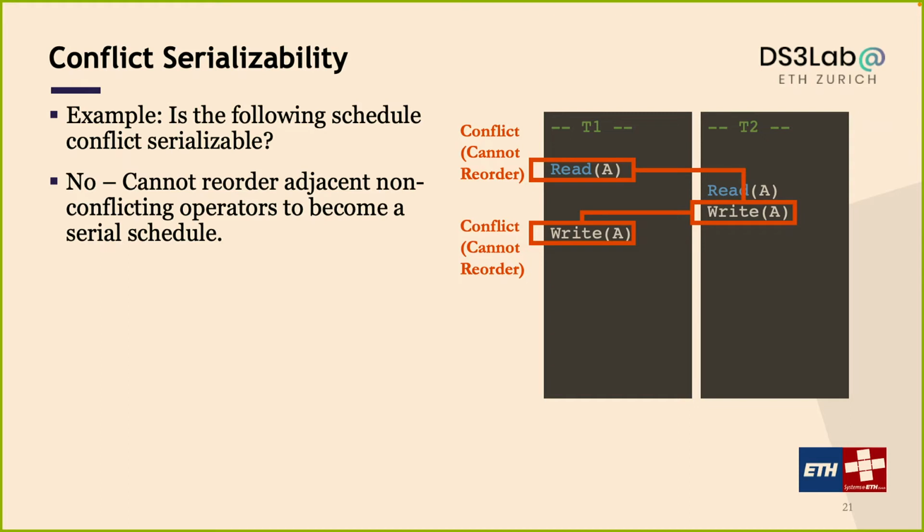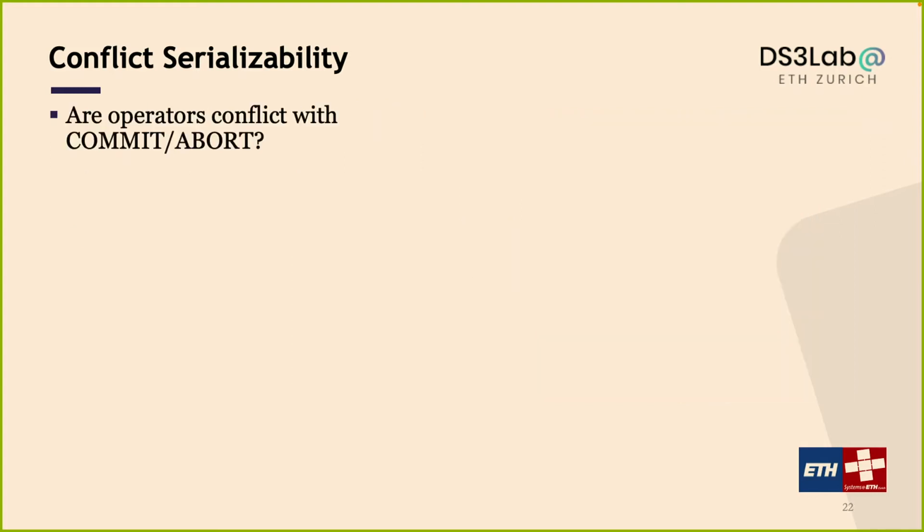You also cannot swipe. Because of this, there's no way I can swipe adjacent non-conflicting operators such that I can put the two instructions from T1 together. And because of this, the schedule is actually not conflict serializable. Make sense? Because there's no way I can swipe them to put T1 together.